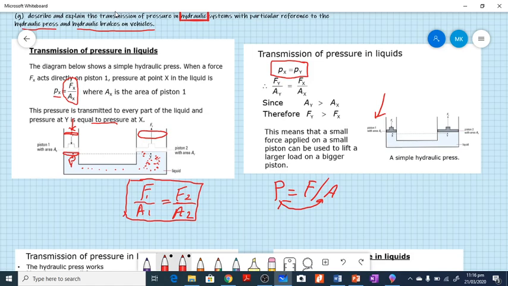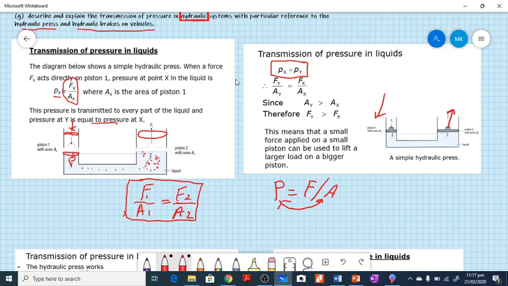But we want to create a lot of pressure in this hydraulic system, because on the other side we have to lift a car. If not so much pressure is generated on this piston, we will not be able to lift a small car or whatever load we want to move in the upper direction. So that is the reason we apply force on the smaller area.